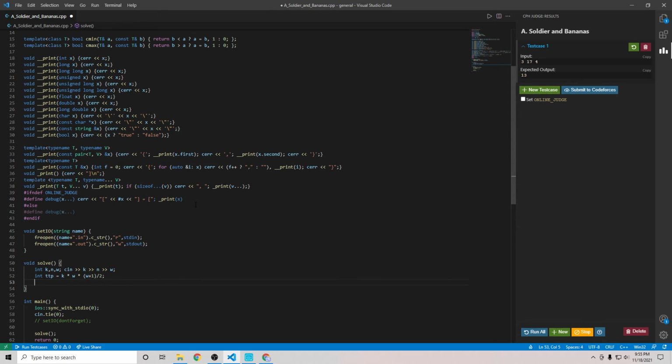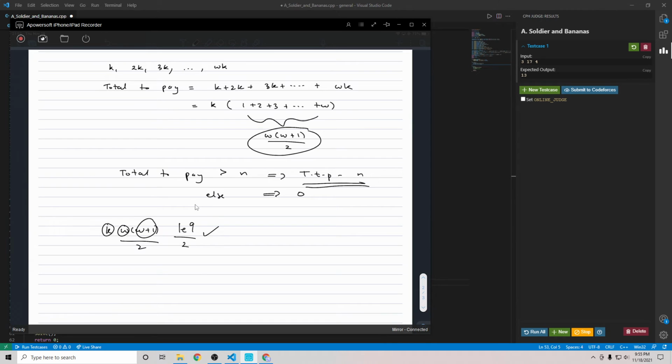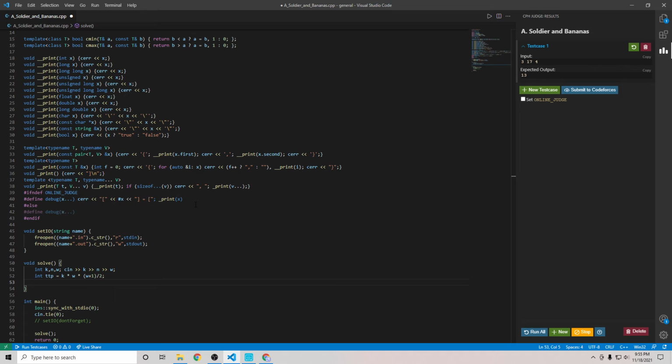And now we said if the total to pay is bigger than N, we know how much we want to pay, otherwise it's 0. So if total to pay is bigger than N, our answer is just going to be total to pay minus N. Otherwise, we just output 0, and that should work.